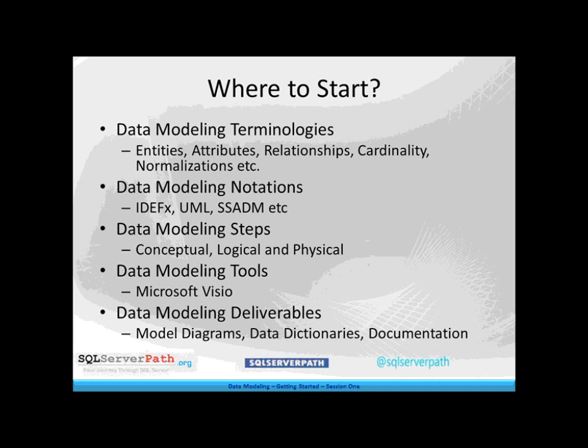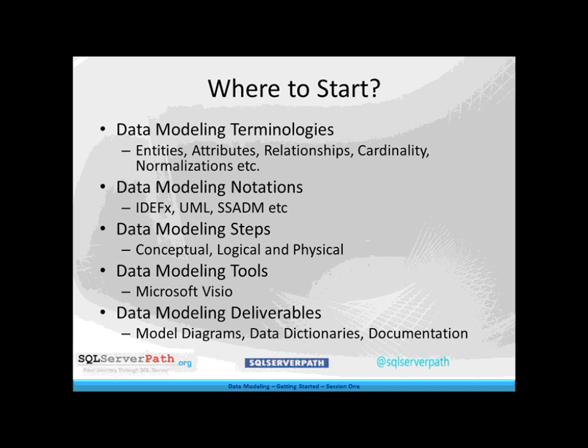As deliverables of data modeling, it will have model diagrams and data dictionaries. Basically, a data dictionary gives entity and attribute definitions and some documentation. So this is the main requirement for a data modeler in order to build a data model.